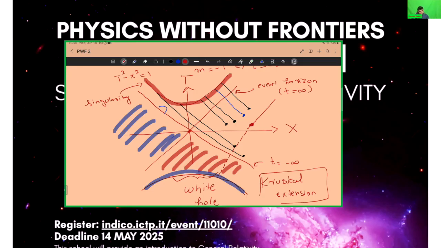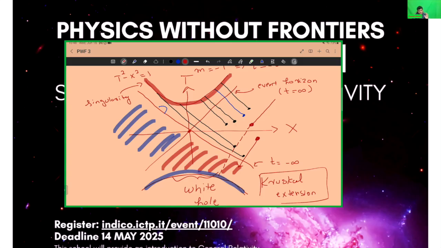So you can see that there is no trajectory that goes in this direction. That doesn't happen, because it would be like going back in time. So the white hole is interpreted as an analog of the black hole, but where it's impossible to go inside. We do know that for a black hole it's impossible to come out, but for a white hole, it's impossible to go inside. Okay, so that's an interpretation.